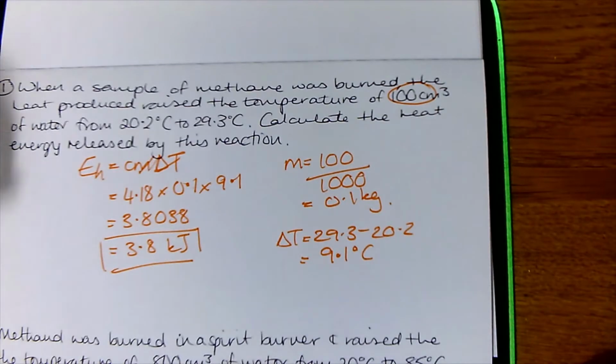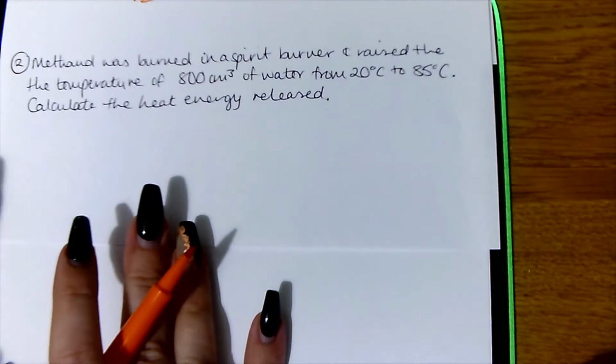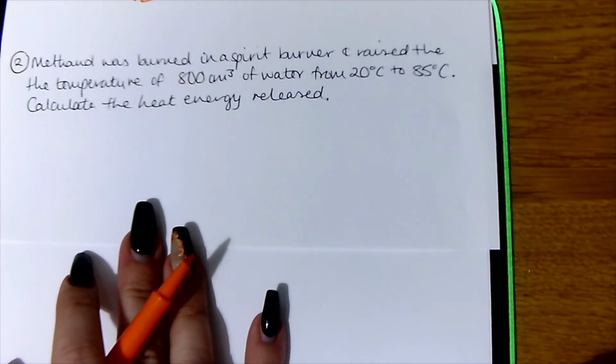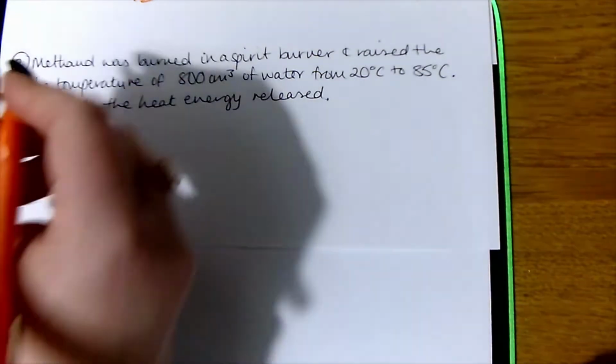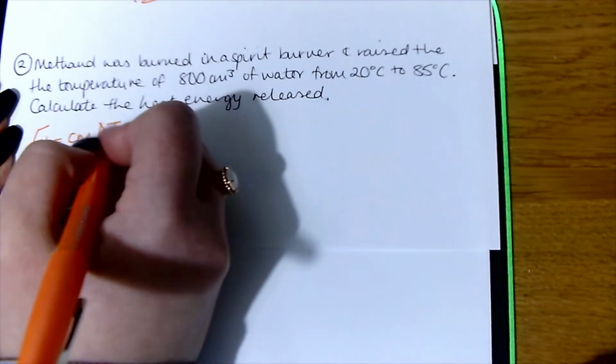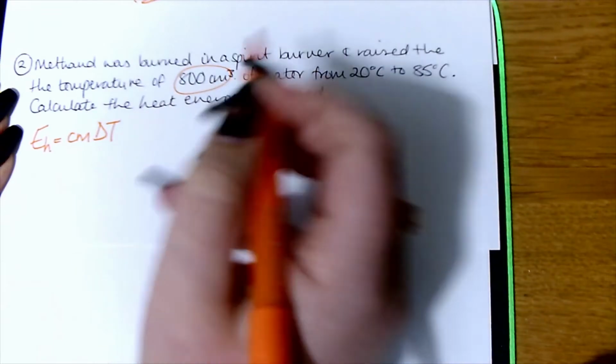Let's look at another example. Methanol was burned in a spirit burner and raised the temperature of 800 centimetres cubed of water from 20 degrees to 85 degrees. Calculate the heat energy released. Again, we write down our formula and we go through the question and we tick the piece of information off.